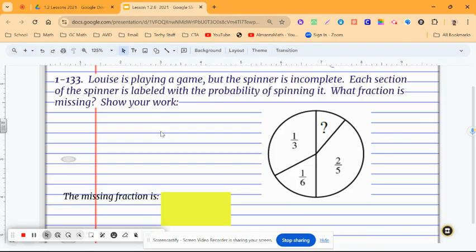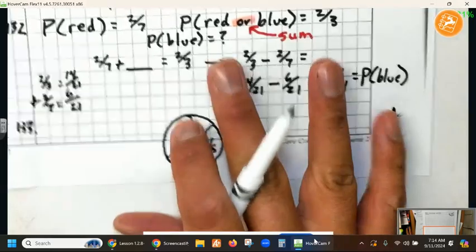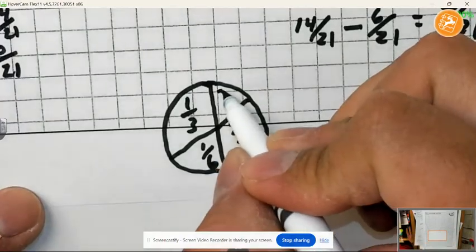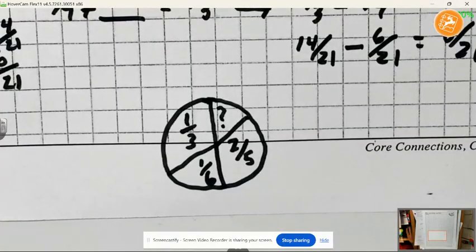It's okay if we go into the margin a little bit. Down here we're trying to find what is this missing piece of the spinner. So go ahead and work on that and see what you can come up with.